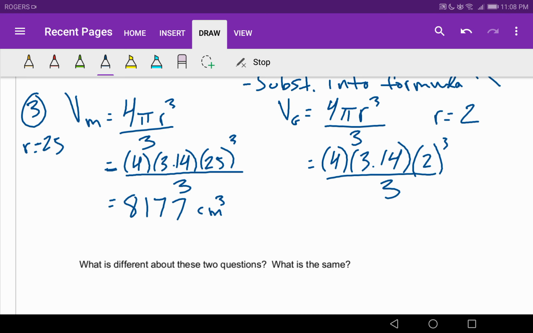And remember that cubed just means multiply by itself 3 times. So you're going to do 2 times 2 times 2, which ends up being 8. So what you get there, once you plug that into your calculator, rounded to the nearest whole, is 34 centimeters cubed.